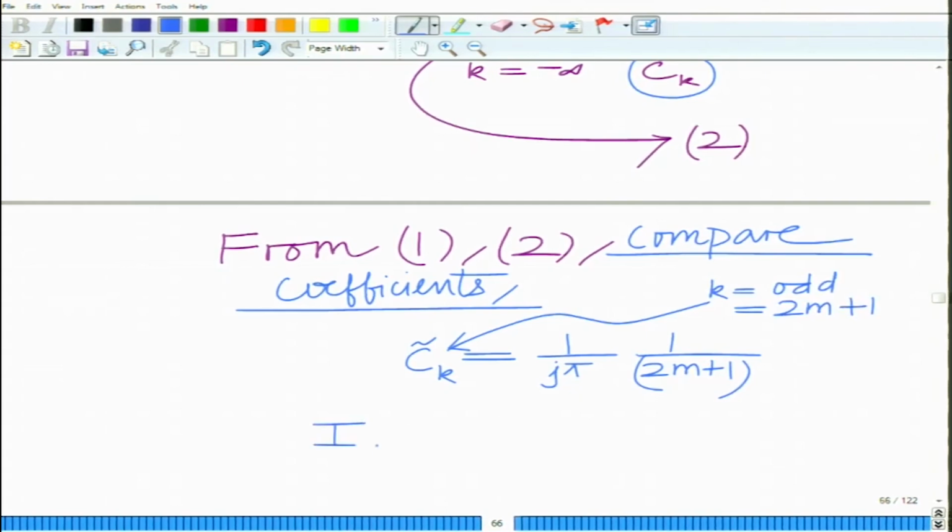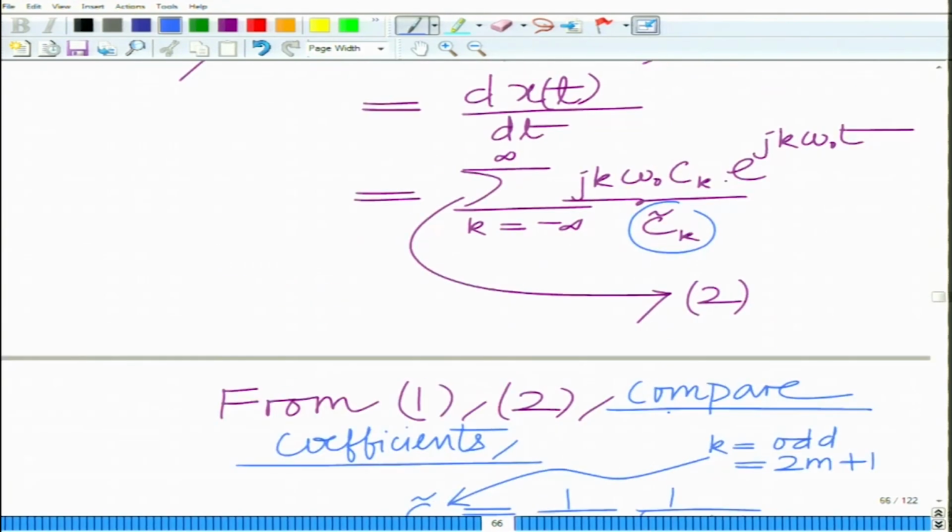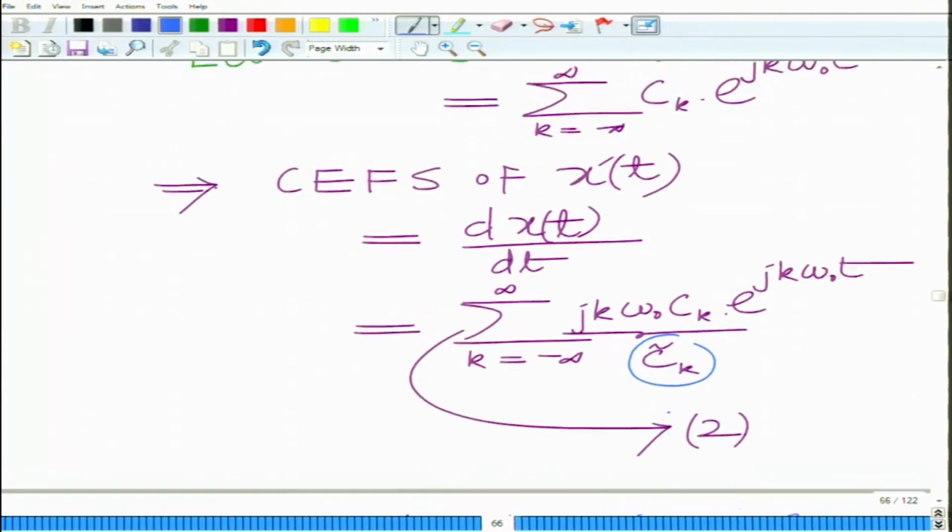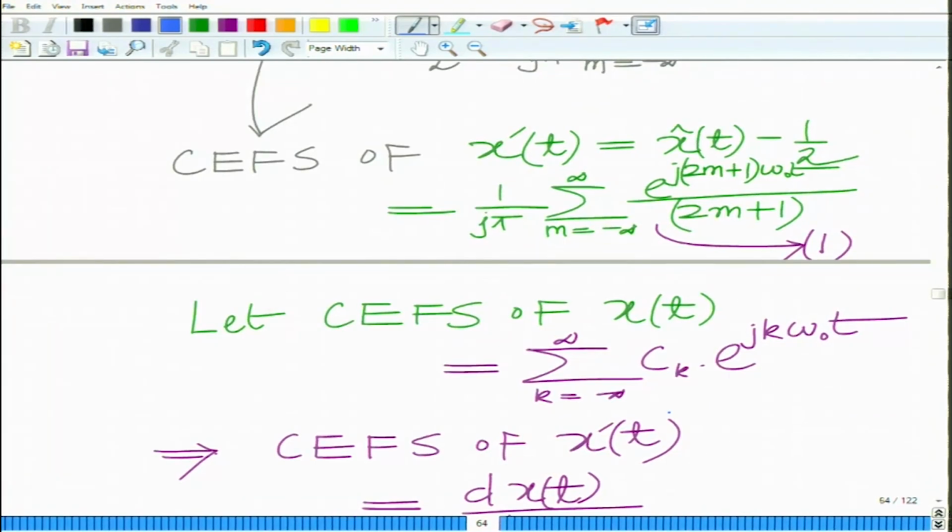If k is even, you can see c tilde k is only defined where it exists, because the CFS of x prime t contains only the coefficients corresponding to odd k, that is k of the form 2m plus 1.